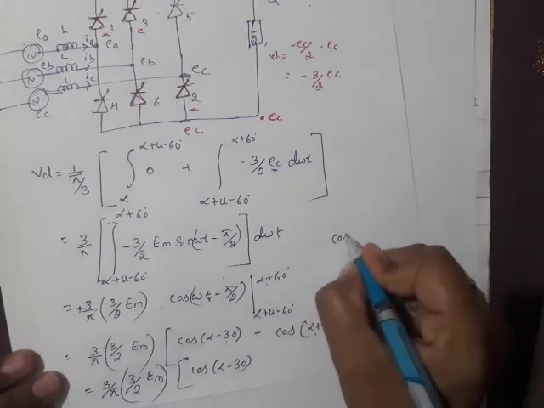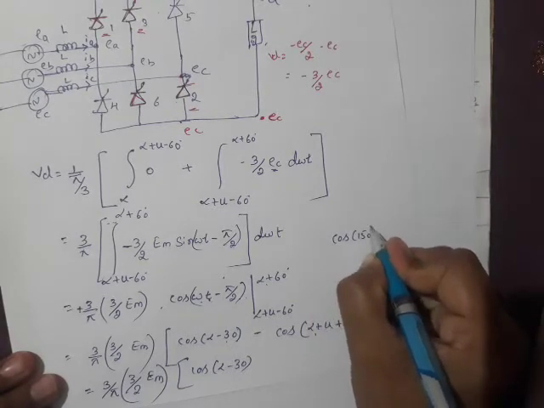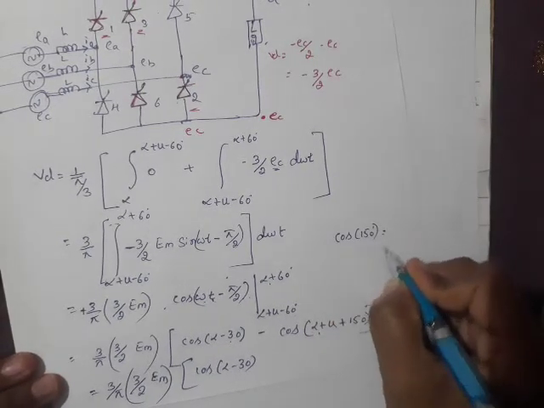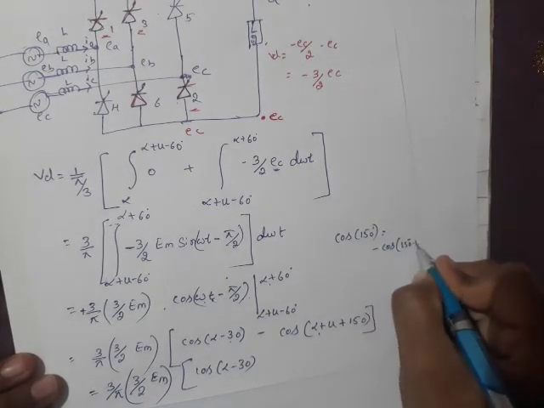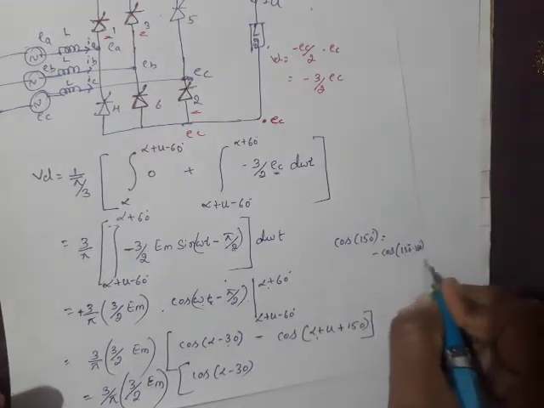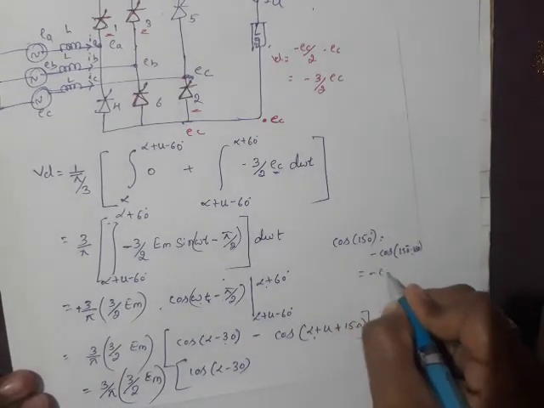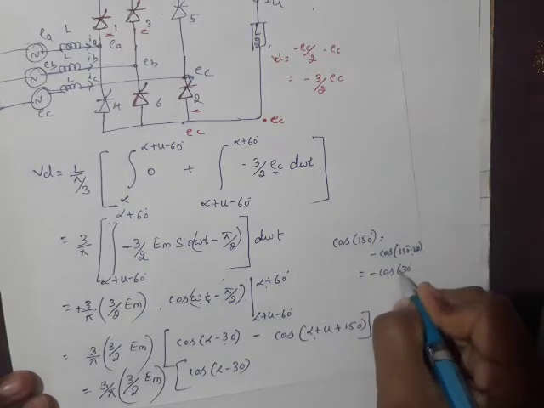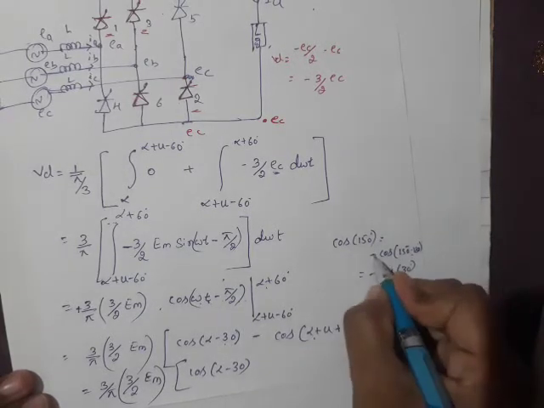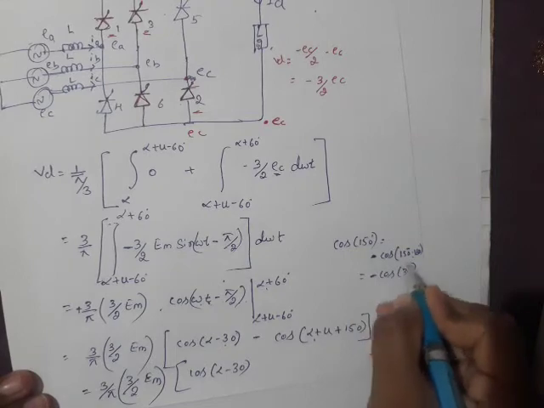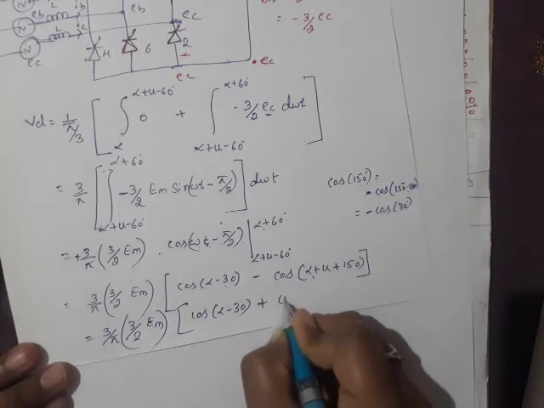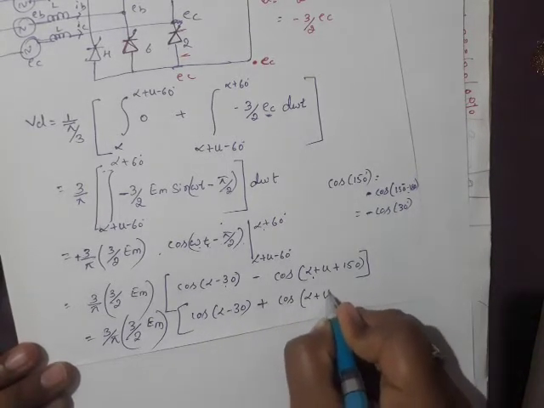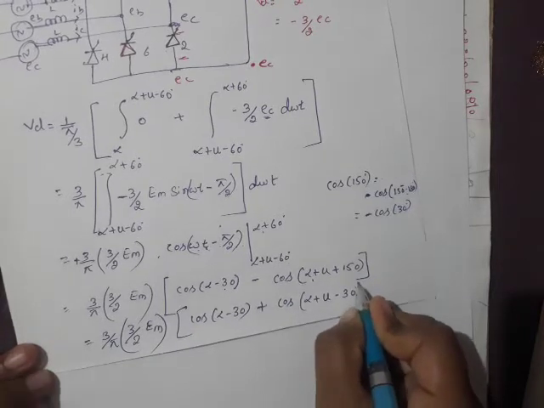Cos of 150 degree can be written as minus cos of 180 minus 150, that is minus cos of 30 degree. So this minus I will take outside, and minus into minus will become plus cos of alpha plus u minus 30 degree.